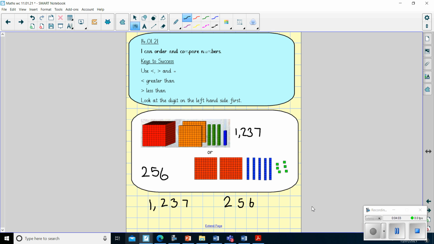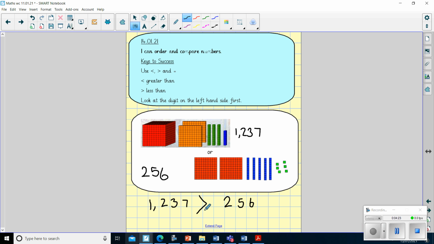So I can look at my left hand side first. Looking at the left hand digit, over here I've got 1,000. Over here I haven't got any thousands, so immediately I know that my 1,237 is greater than 256.